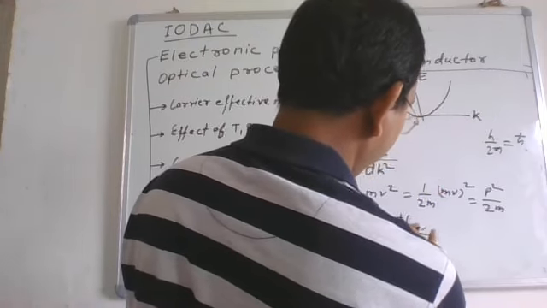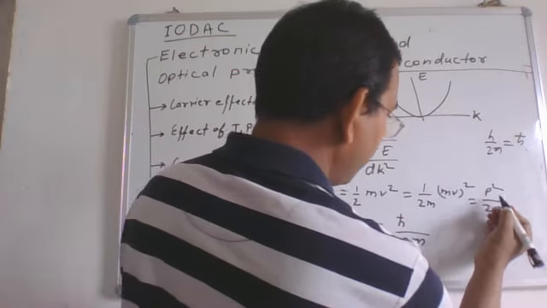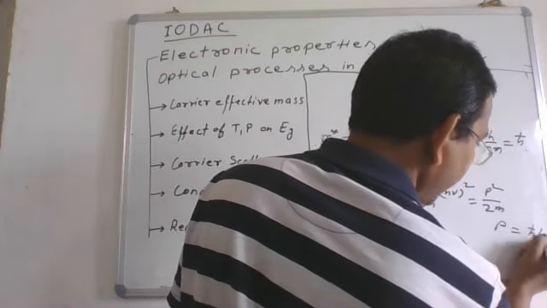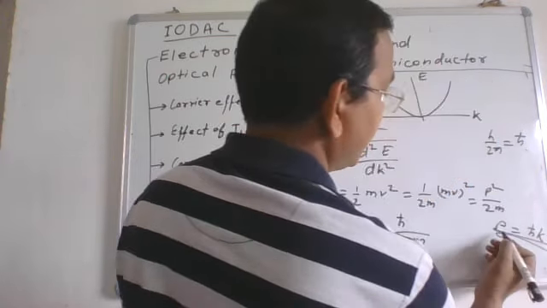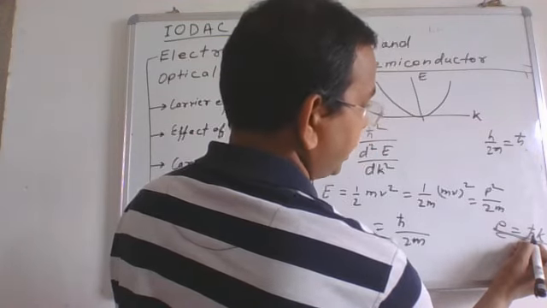So p square by 2m, where p is given by h cut k. We'll find this later. Momentum is equal to h cut multiplied by k.